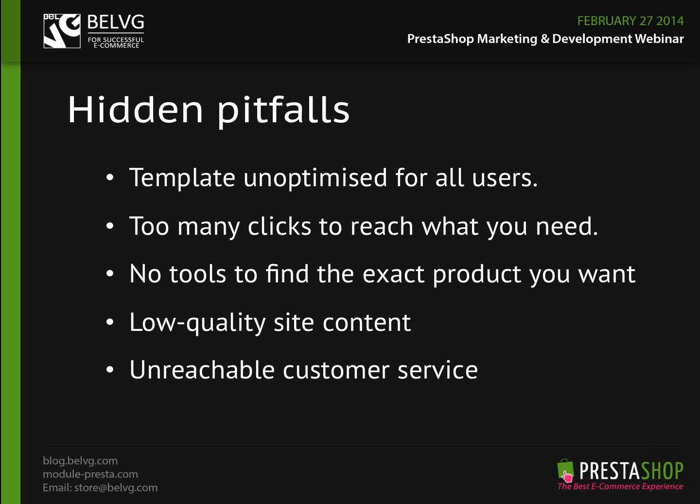Second point, too many clicks to reach what you need. This means that the store may contain many forms, the user experience is low, the layout is complicated. In this case, we suggest simplifying the process. About having no tools to find the exact product.